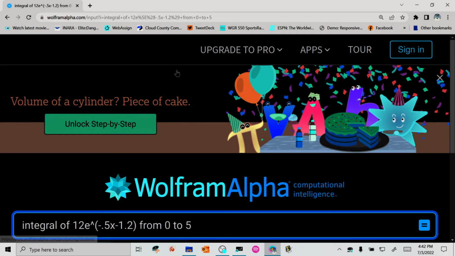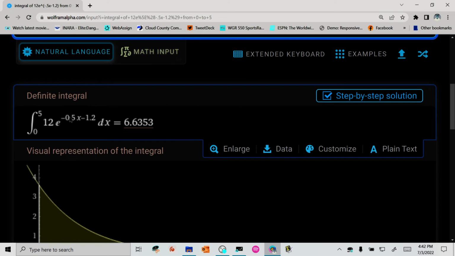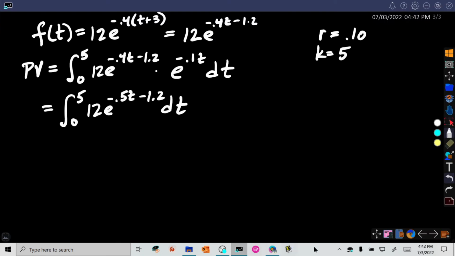All right. So first off, maybe double check it to make sure that it's correct. And in this case, it is. So here we're going to get about 6.64. So this is equal to 6.64.